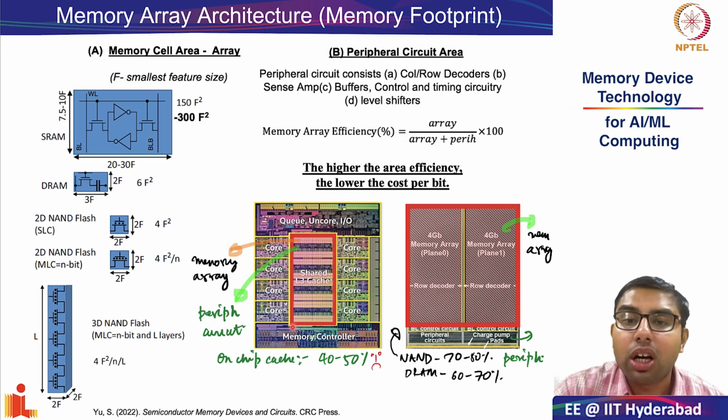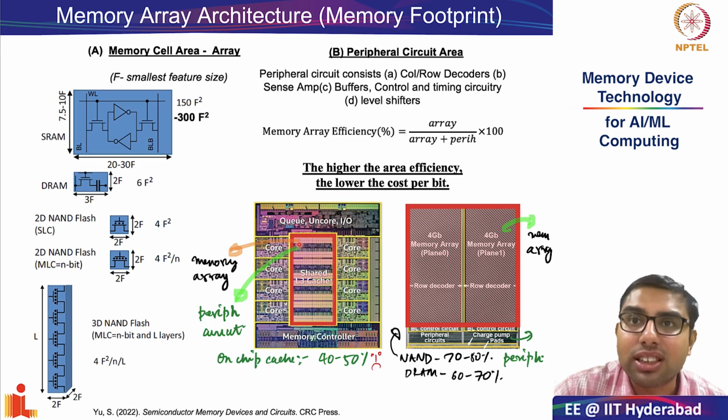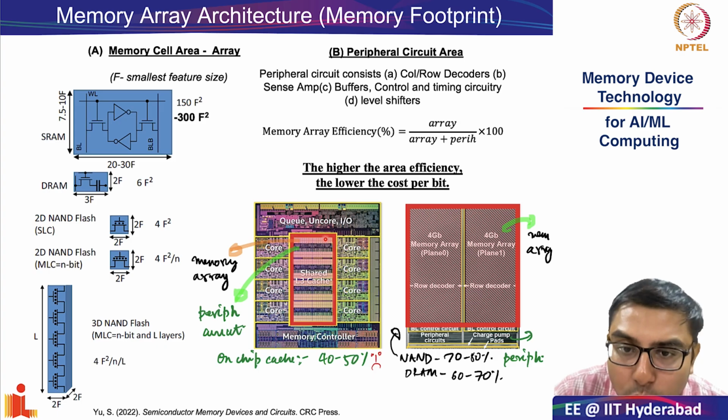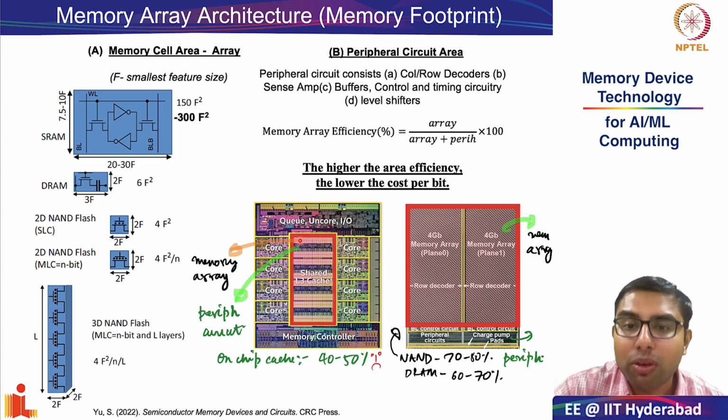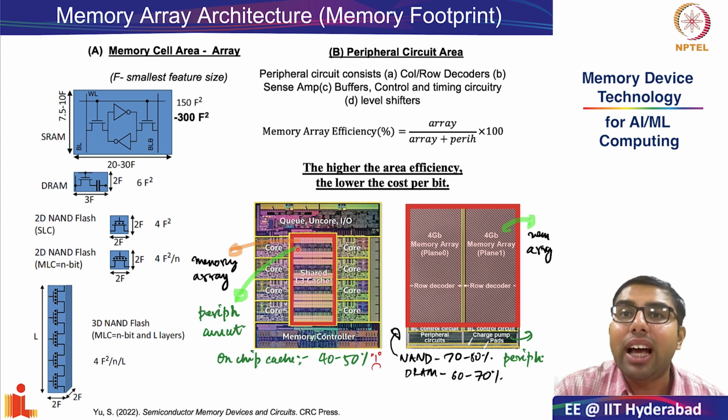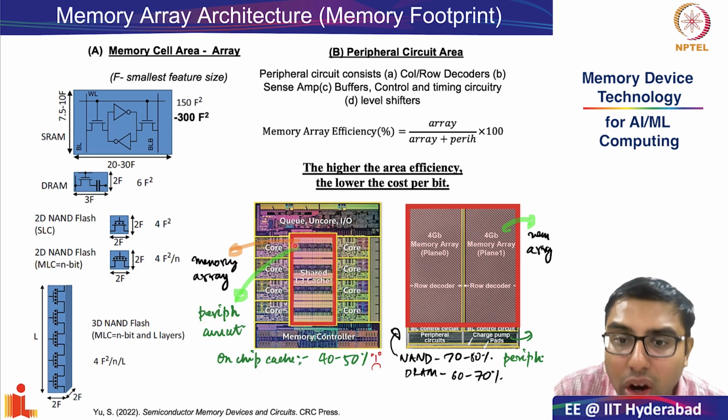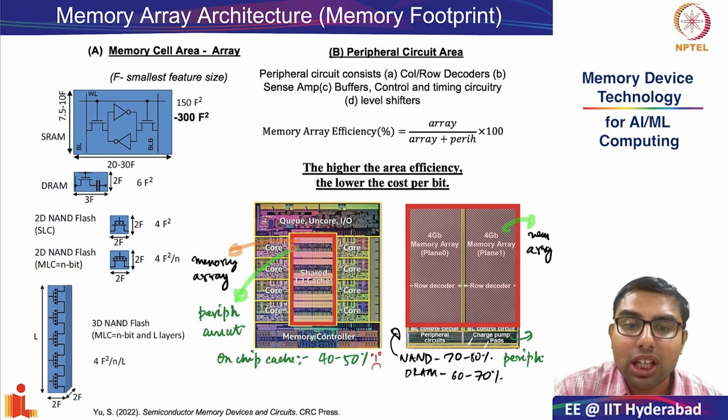Within the shared L3 cache, we see two regions. One region looks fairly uniform, which I am pointing at. This is the area of the memory array. An equivalent area consists of some digital elements, which is the peripheral circuitry.